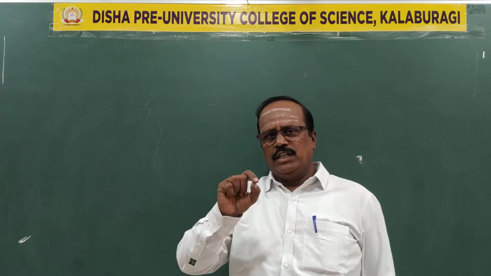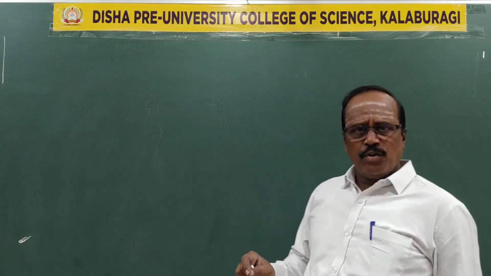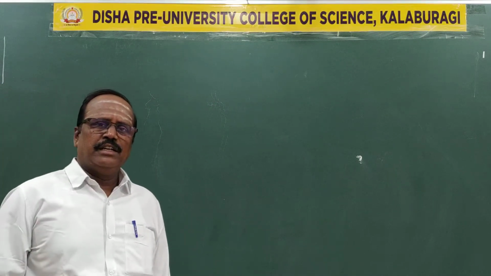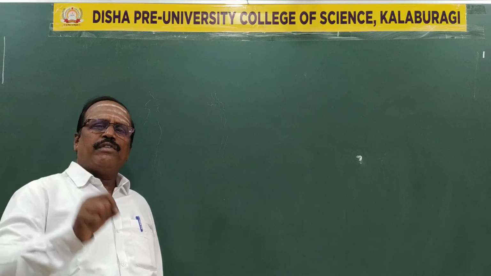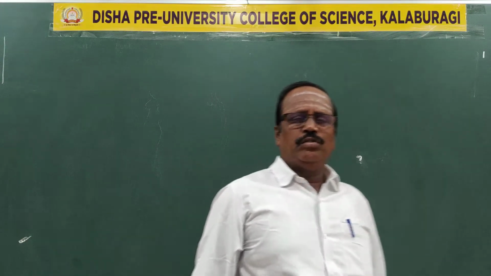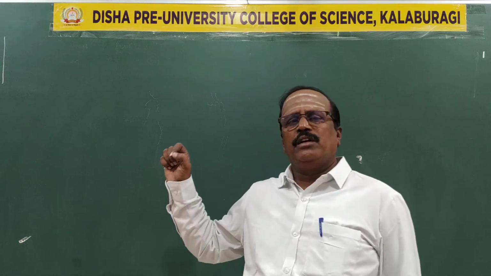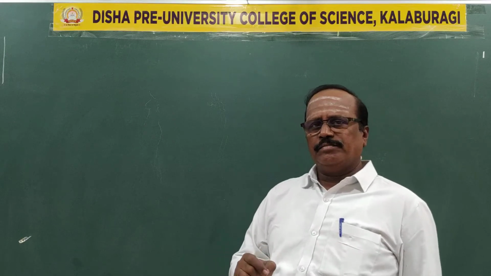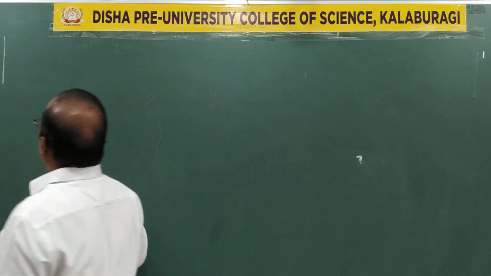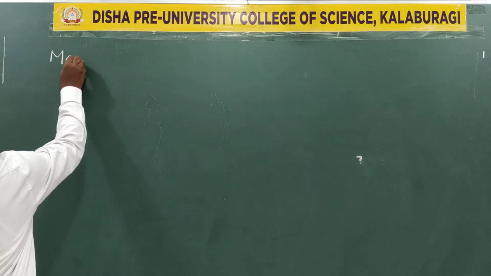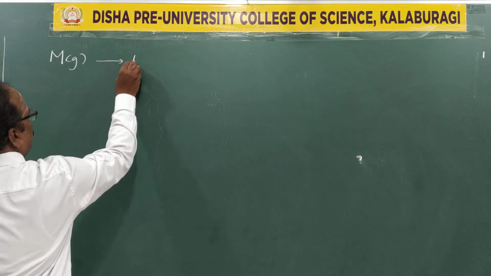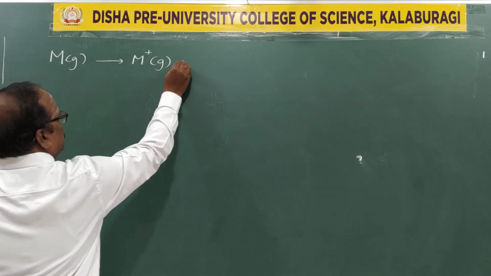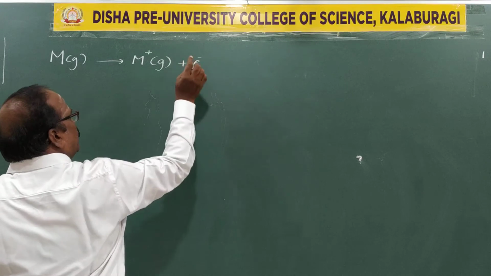Soon after that, we are talking about ionization energy, which we have defined as the amount of energy required to remove an electron from an isolated gaseous neutral atom, represented for example by M gas. We have removed one electron from this atom, and it has now become a cation.